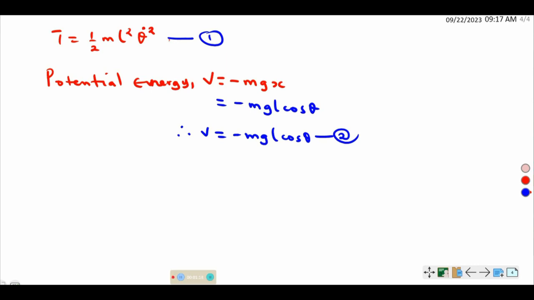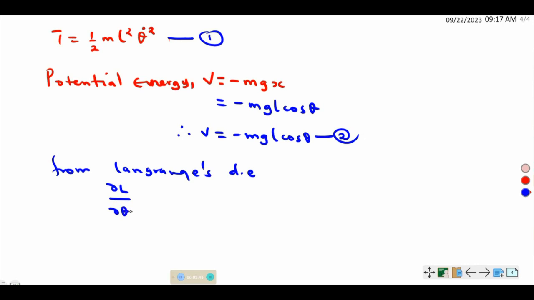From Lagrange's differential equation, we shall have del L del theta, since our independent variable for this case will be theta.